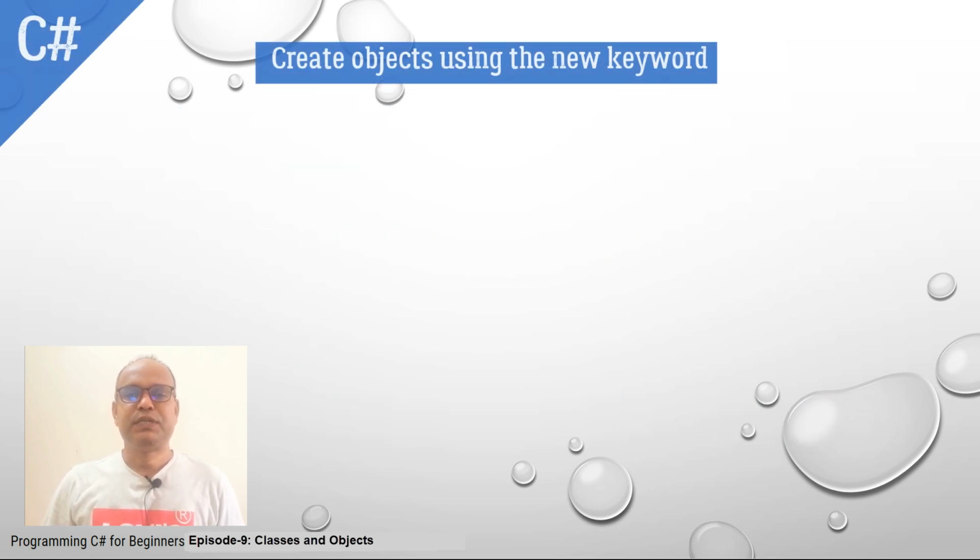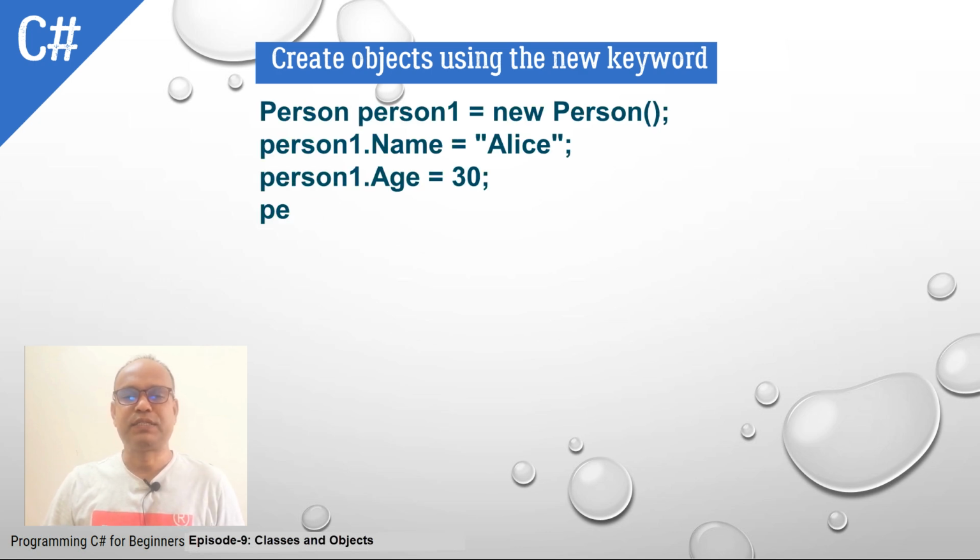Create objects using the new keyword. To create instances or objects of the class, use the new keyword followed by the class name and parentheses. person1 equals new Person. Here the person object is created by using the class Person.